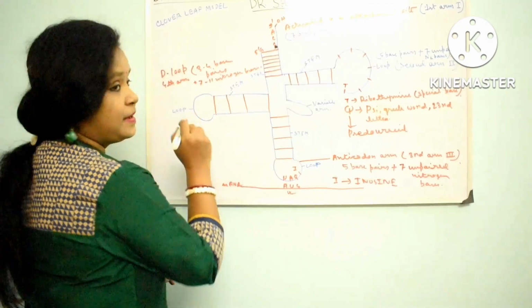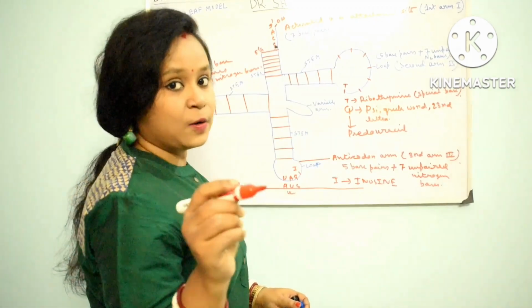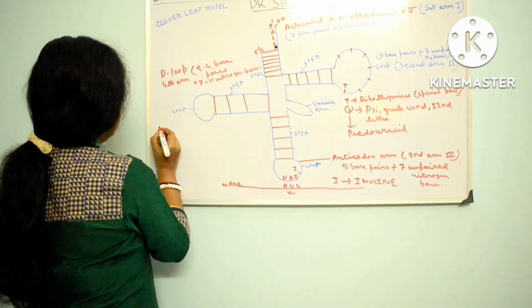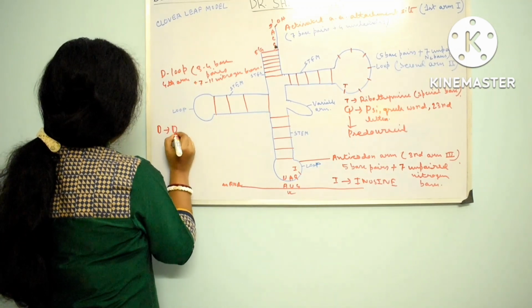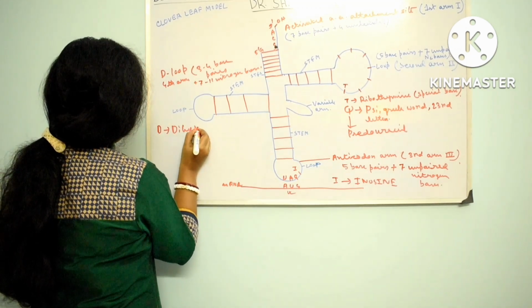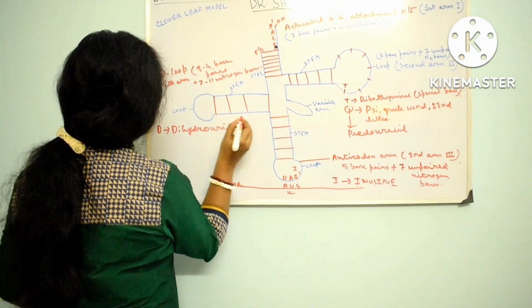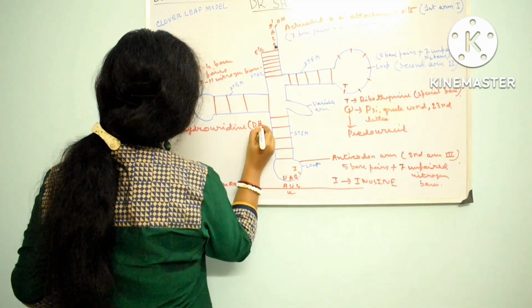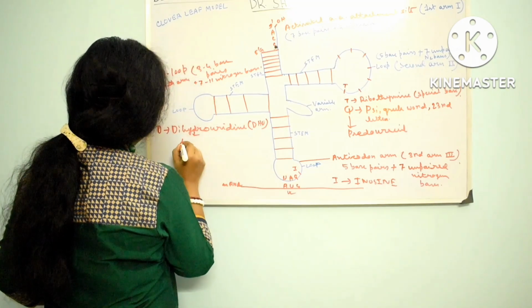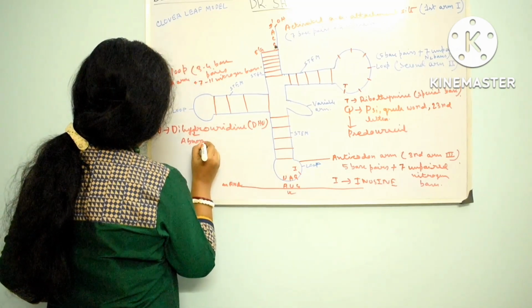So there is a single uncommon base, D for dihydrouridine. Here DHU, and this one is the abnormal base.